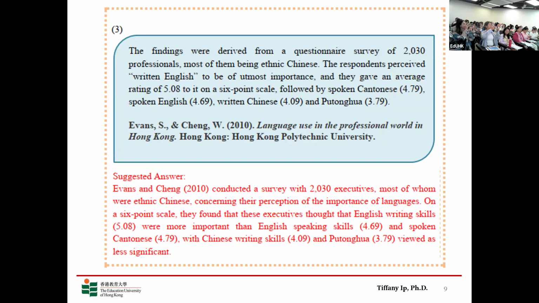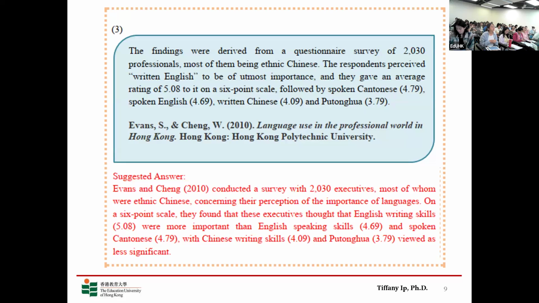So Evans and Zhang, 2010, conducted a survey with 2,030 executives, or people or interviewees, doesn't matter, most of whom were ethnic Chinese. And then we use with regard to, or another word, concerning the perception of the importance of languages.